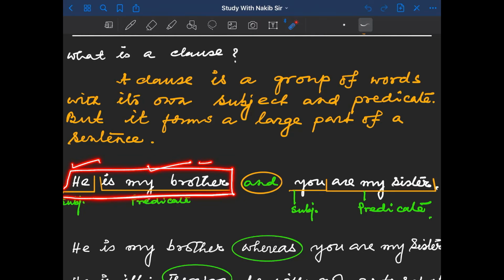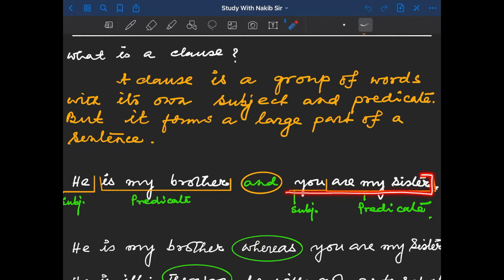It is a part of a long sentence, and for this it is called a clause. Similarly, this is also a clause. These two clauses are connected with the use of a coordinating conjunction, and. For this, these two clauses are called coordinate clauses, and the sentence here is a compound sentence.